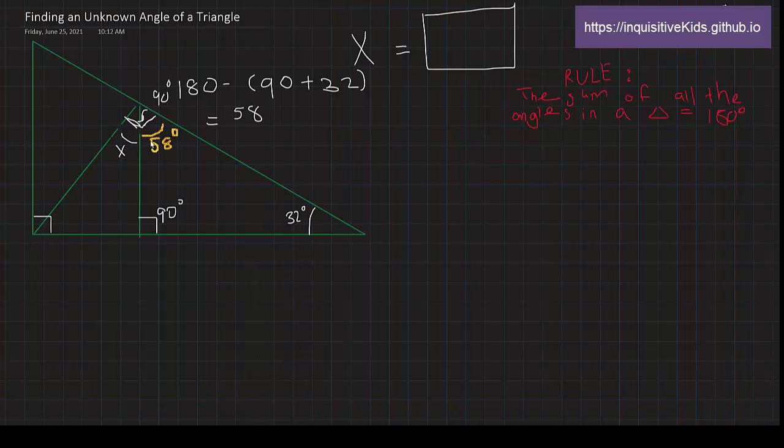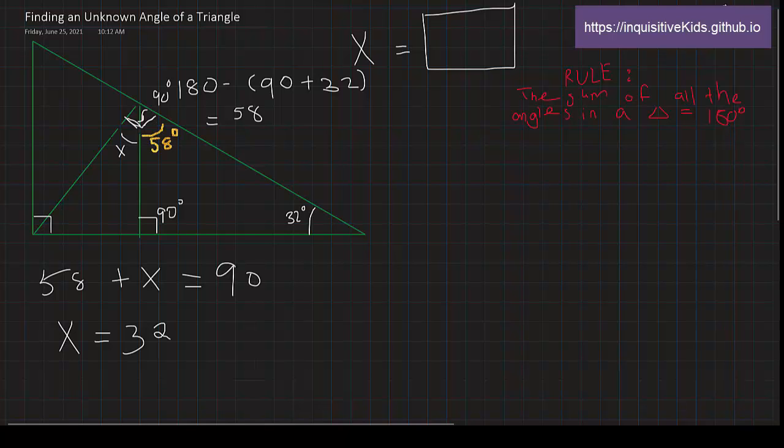So if this part is 58 and the whole is 90, we can think of this equation: 58 plus x is equal to 90. Now it's really easy to find x because we can just subtract 90 minus 58, and then we have 32. So that's our answer. x is equal to 32.